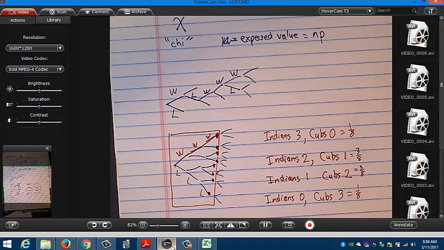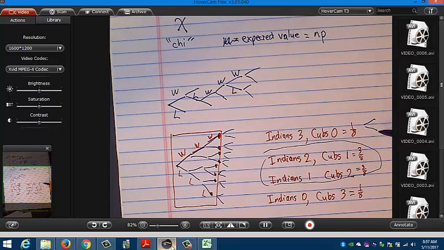Now, could it be that the series is done in 4 games? Well, if we're here, no. The series will not be done in 4 games. I guess you could argue most likely no. What if we're here? Could the series be done in 4 games? If the Indians got 1 more win, right?